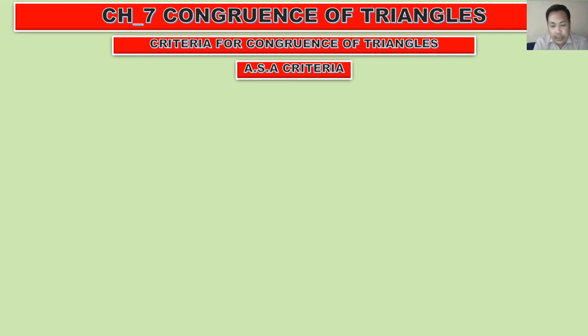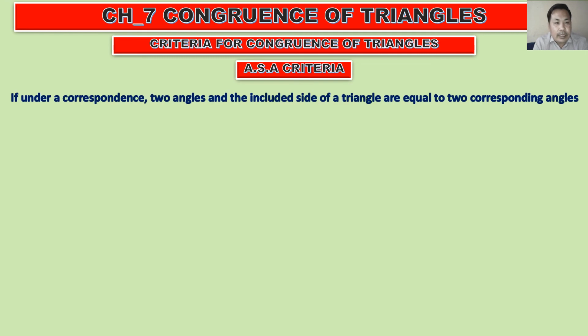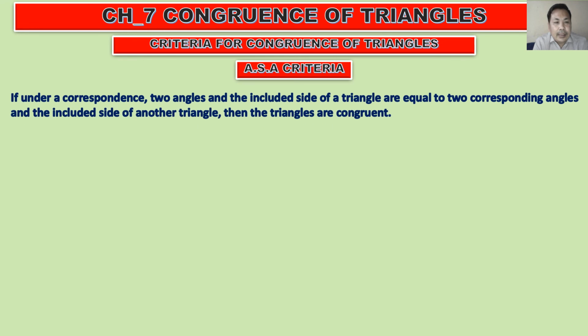Let us see some more examples, my dear students. If under a correspondence, two angles and the included side of a triangle are equal to two corresponding angles and the included side of another triangle, then the triangles are congruent.